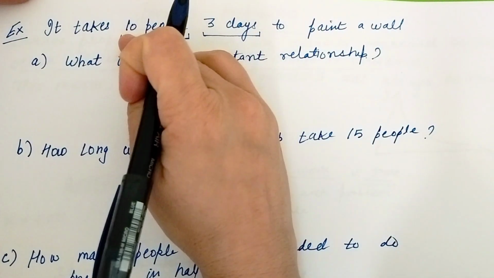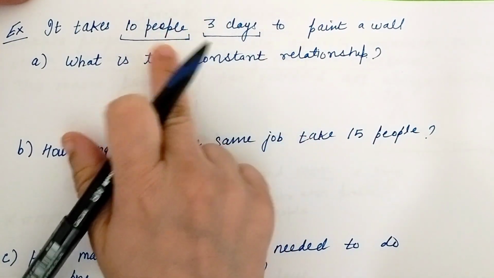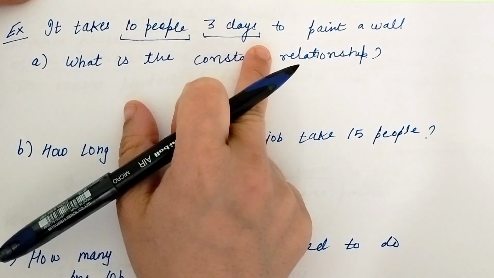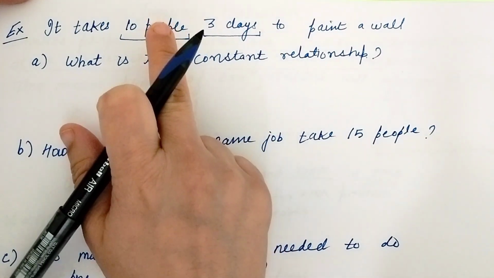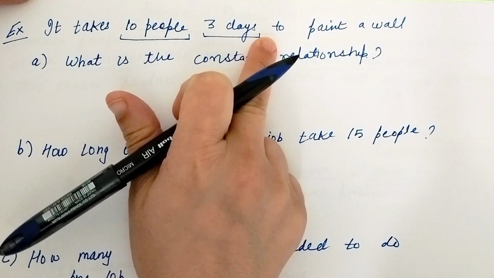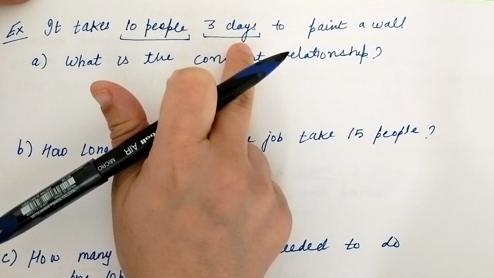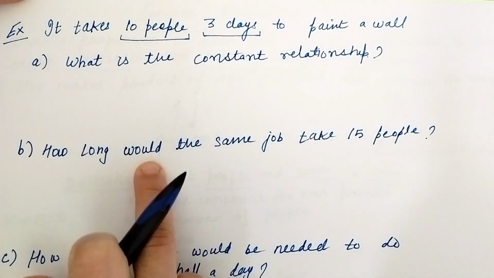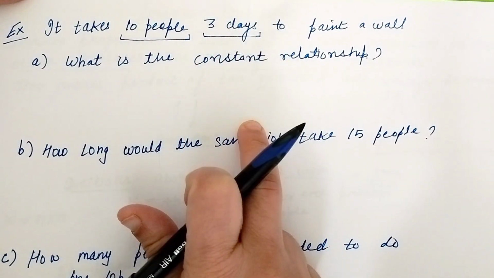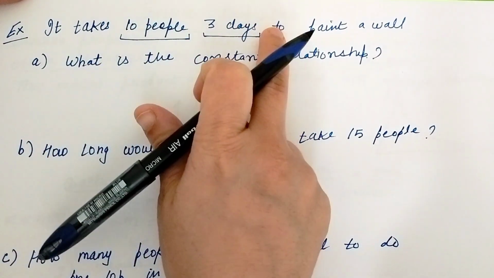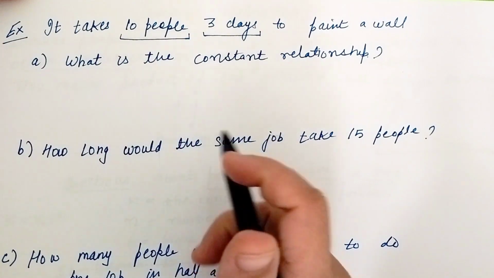So if we appoint more people, it would take fewer days, and if we have fewer people, it would take more days. So this is inverse proportion. More people, fewer days. Fewer people, more days.